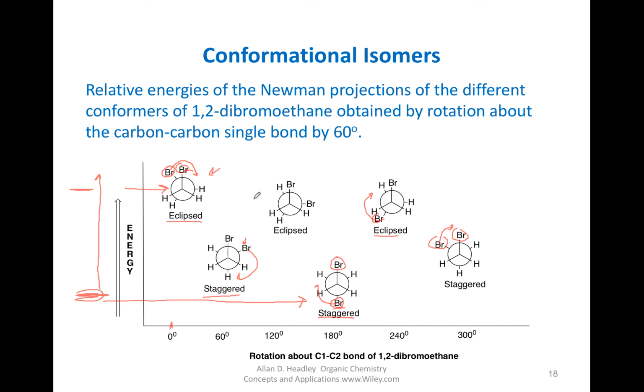So again, this gives you an idea of the different energies of the different conformers by rotating about that carbon-carbon bond by 60 degrees each turn. So again, you need to recognize the different energy levels or the relative stabilities of these conformers based on the rotation or based on the location of these groups.